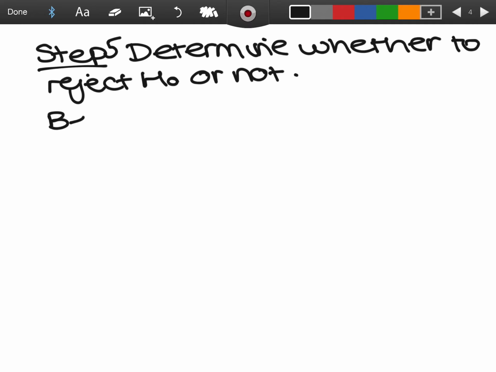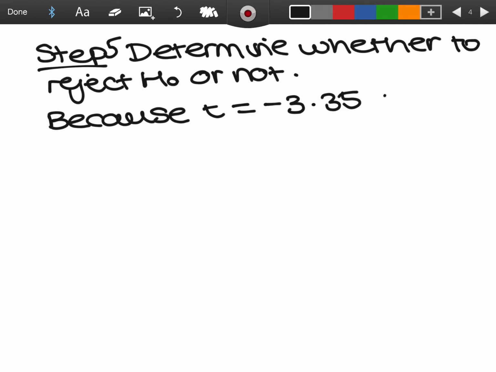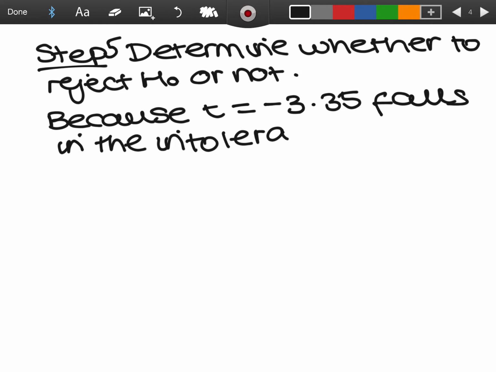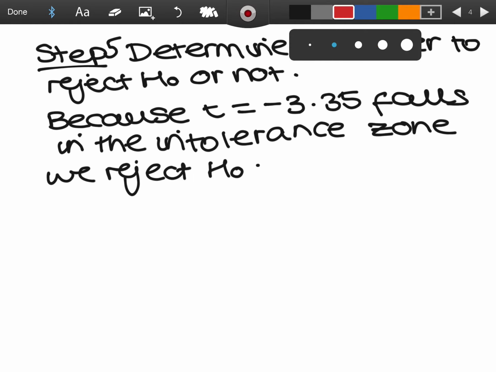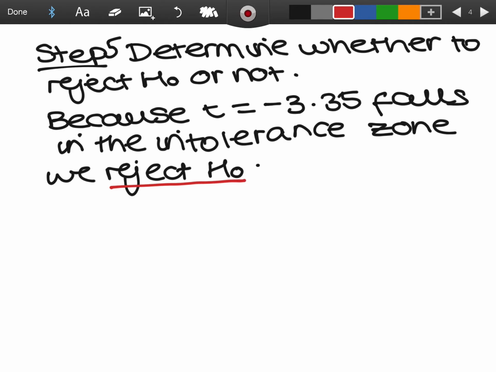In this case, because t is equal to negative 3.35, it falls in that intolerance zone, the area where we know that we want to reject our null hypothesis, that 5% of the time we reject the null hypothesis. So we know that we want to reject our null hypothesis in favour of the alternative.